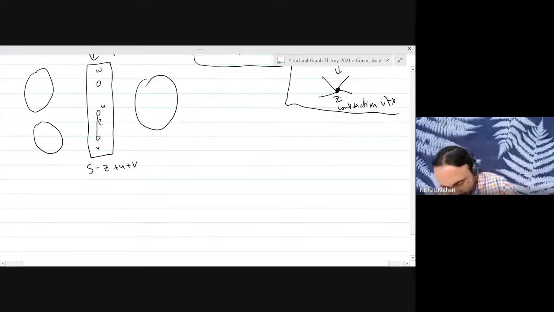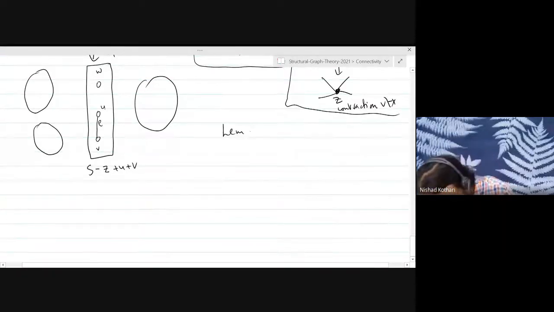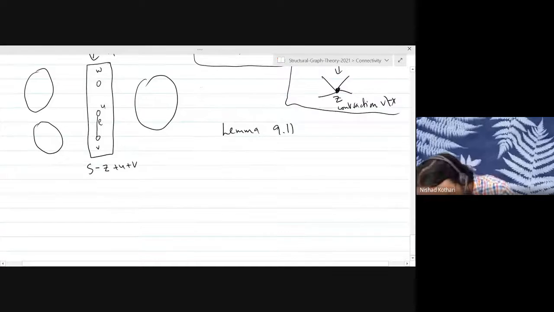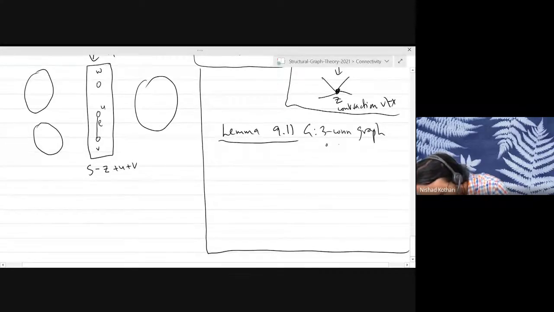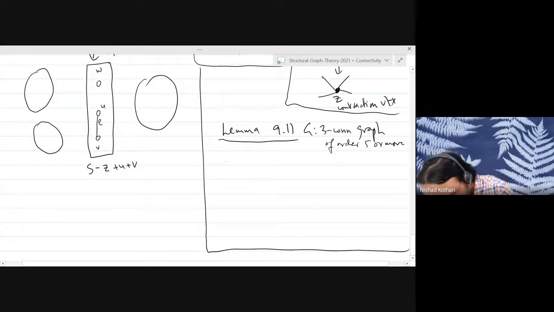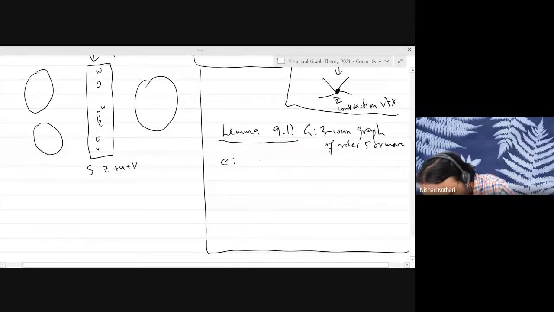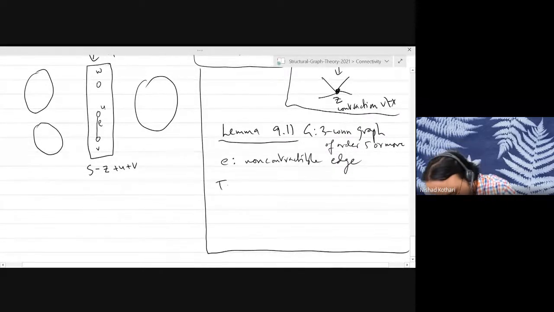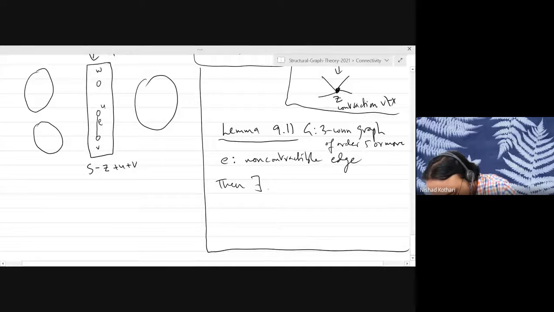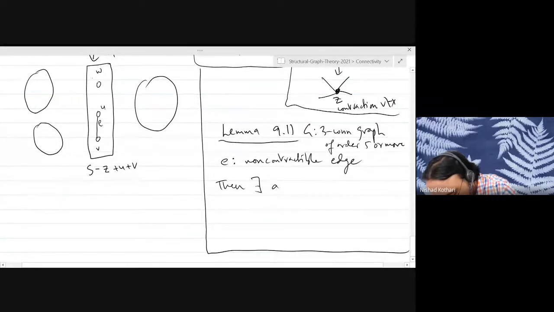So this must be lemma 9.11. If you take a 3 connected graph of order 5 or more, and you take an edge E that is non-contractible, then there exists a vertex W. W is this guy.